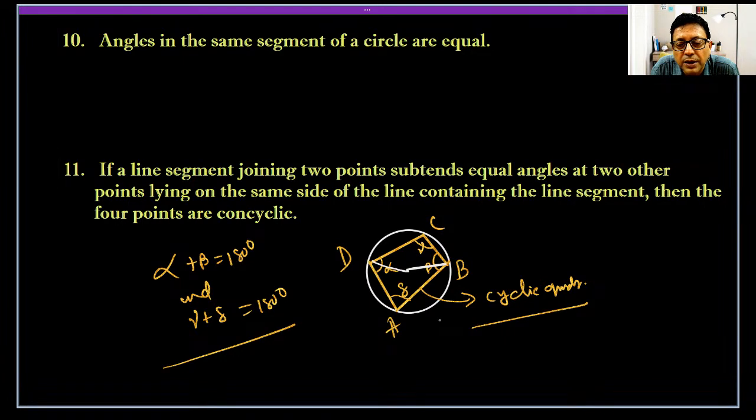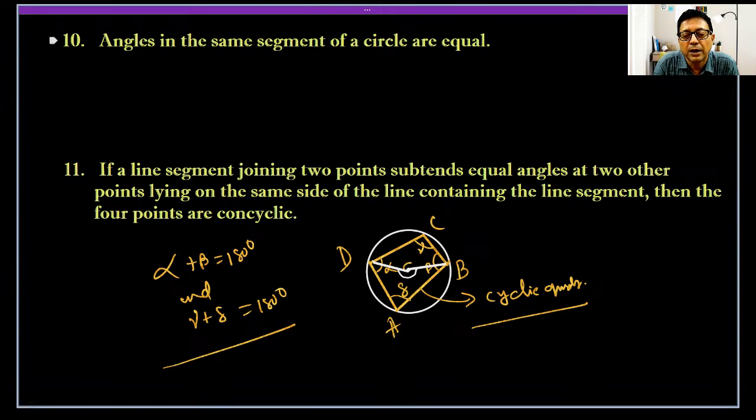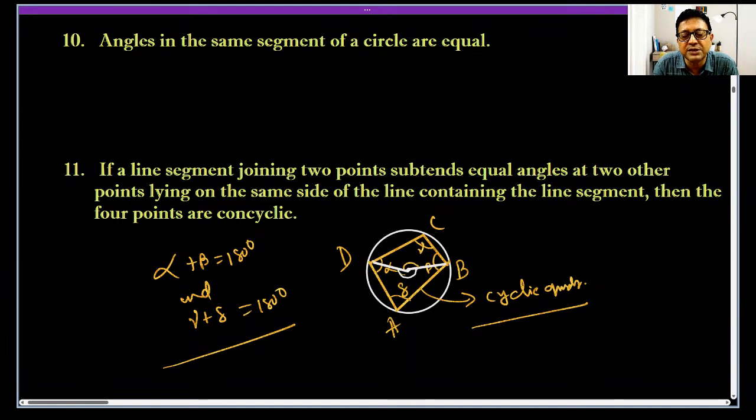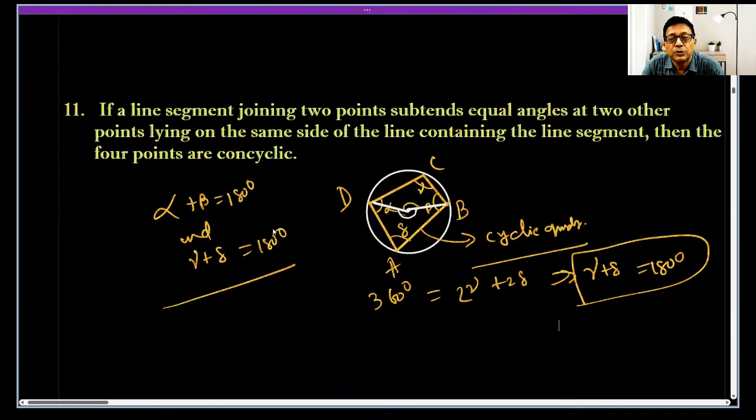Join this also. Now this angle will be what? Twice gamma. This angle will be twice delta, but this total angle is 360. So 360 is twice gamma plus twice delta. So this implies gamma plus delta is 180 degrees. Similarly, you can prove alpha plus beta also 180 degrees. Okay. So this is a cyclic quadrilateral. For a cyclic quadrilateral, the sum of the angles at two opposite vertices will be equal to 180 degrees.